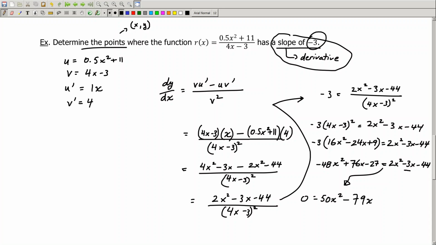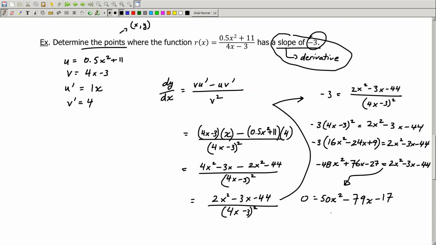And then when you tack that onto negative 3, you get negative 79. And then I've got negative 44 plus 27. What that turns into is negative 17.